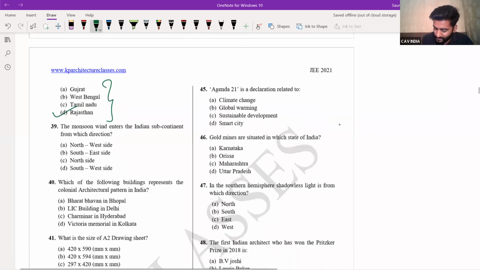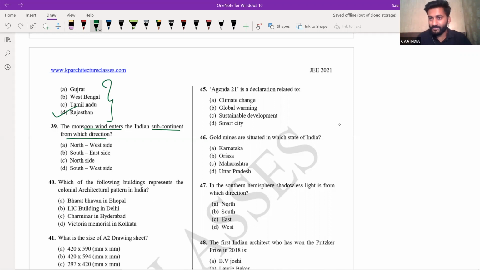Now the question is, the monsoon wind enters the Indian subcontinent from which direction? Let's say you are not aware from where the winds actually enter the Indian subcontinent. But let's say you read the newspaper, and you realize that the monsoon has knocked, and the first state that is always mentioned is actually Kerala.